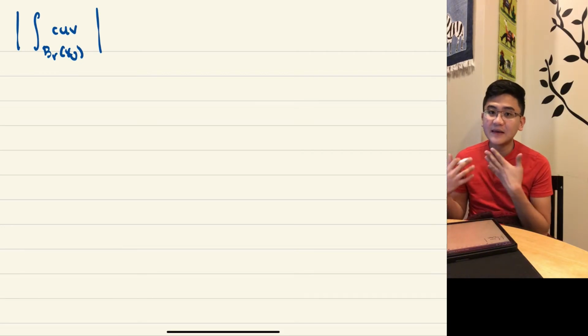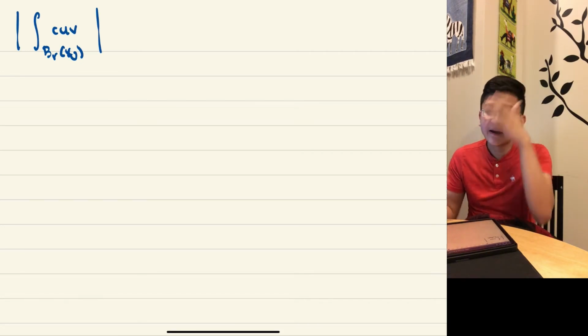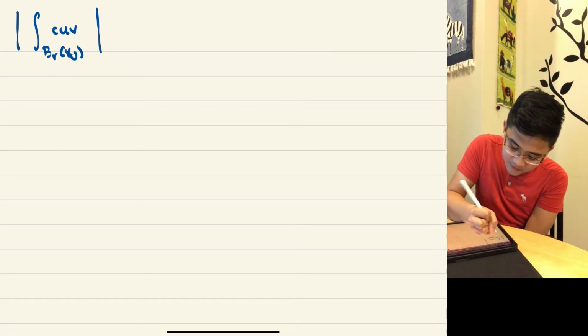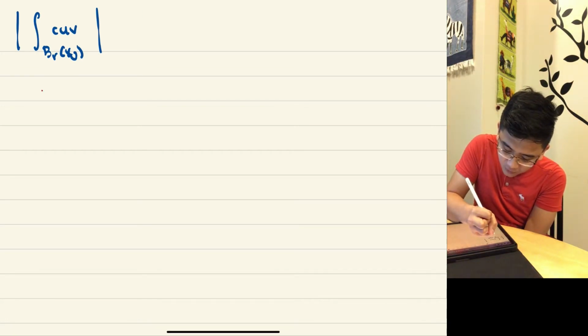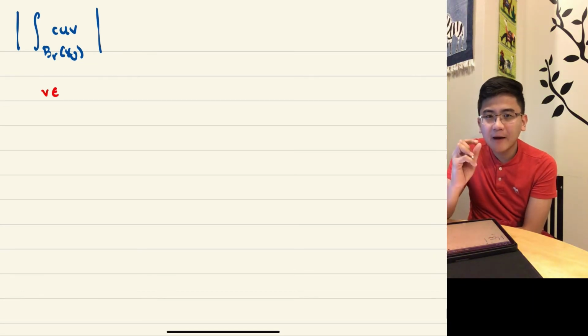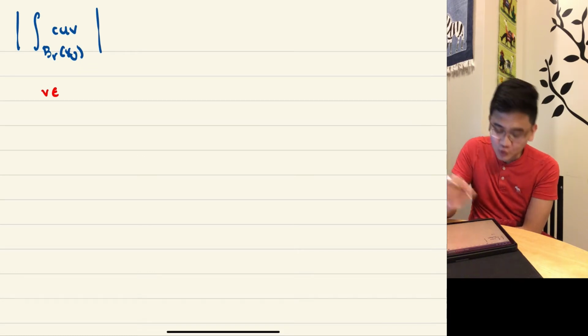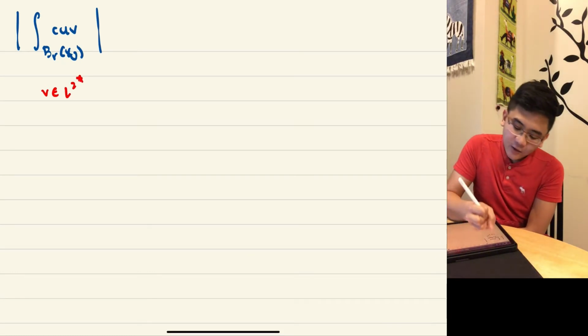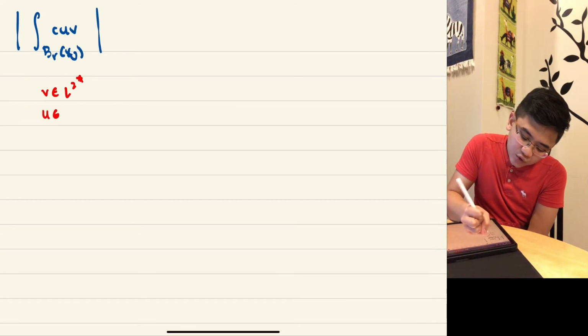Again, this is going to be a Hölder inequality sort of thing. We already know that we are going to use Hölder inequality with V being in L2 star so that we can use the Sobolev inequality. We would also want U to be in L2.